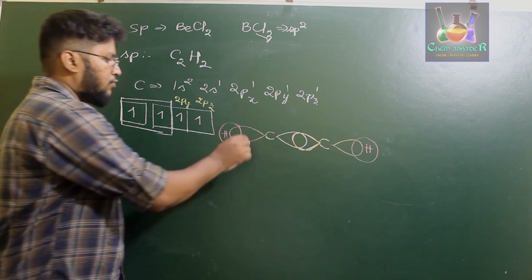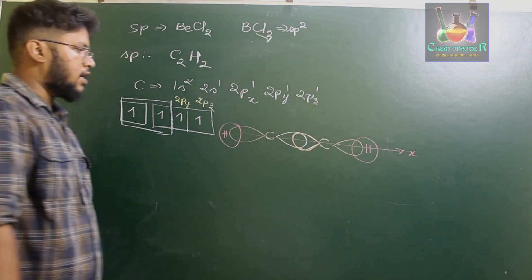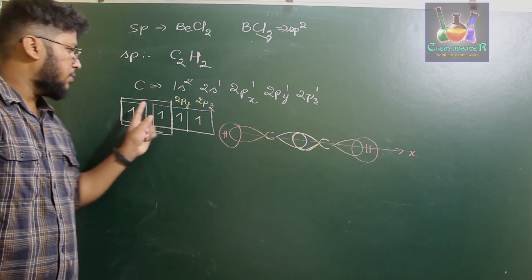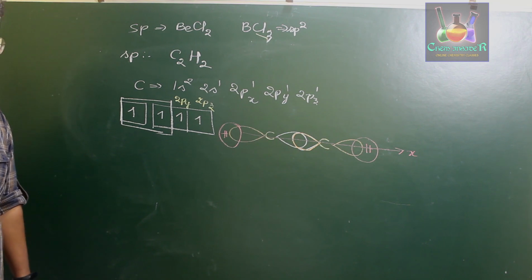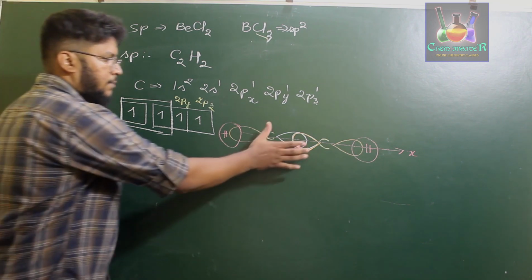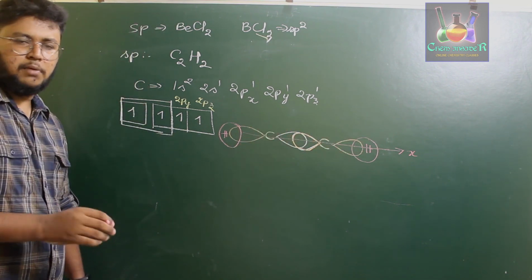So now if you consider this is the x-axis, then the 2px orbital which is present on the x-axis will be reacting, leaving behind the orbitals 2py and 2pz. So now I am just ignoring the structure because I think you have known about the sp hybridization.